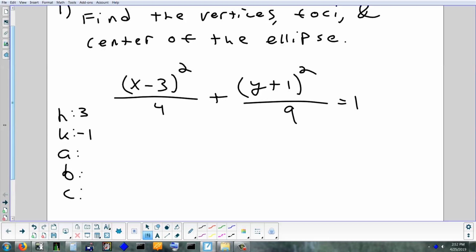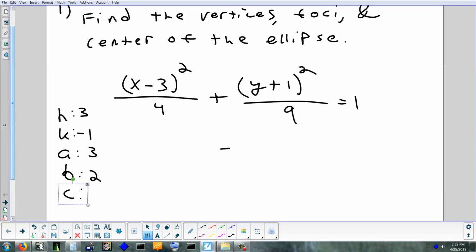Now, for an ellipse, A is always the bigger number. It's different than a hyperbola. So these are A squared and B squared. What would A be in this case? 3. And B? 2. Now, C is important because we need C to find the foci.